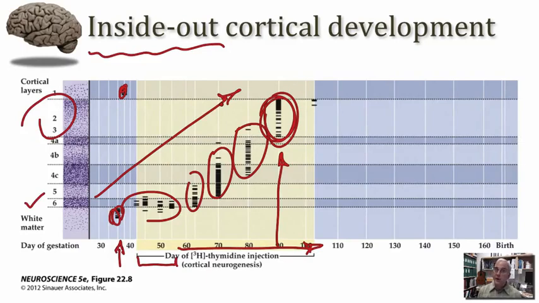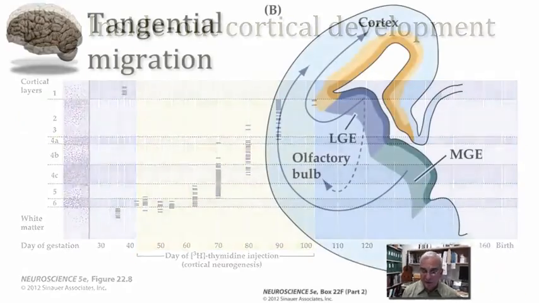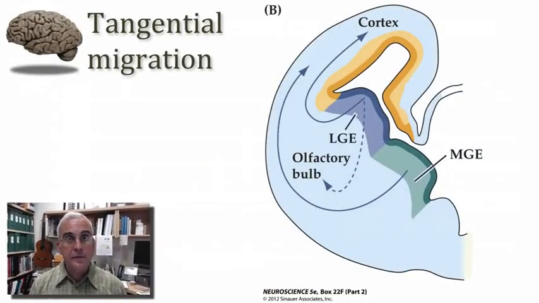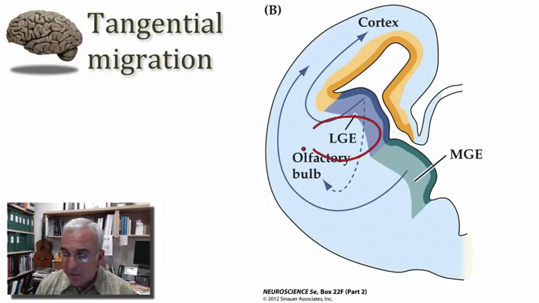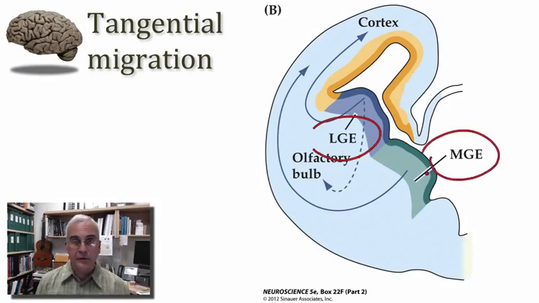Well, I think it was a big surprise to many of us when it was discovered that that's actually not the case. Most of the inhibitory interneurons that come to reside in the cerebral cortex are actually derived from a developmental region that's deep in the base of the forebrain. We call this region the ganglionic eminence, and it differentiates into a lateral and a medial division.